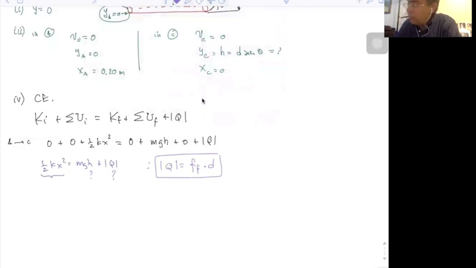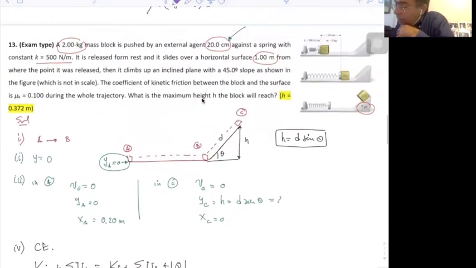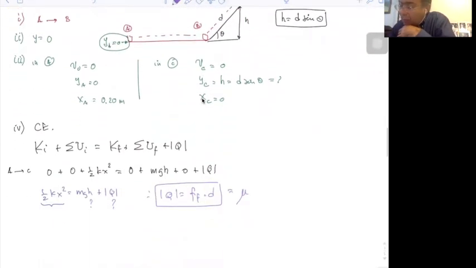The work due to the force of friction is that one, and the force of friction is going to be mu. Actually, we will have two terms for that. Do we know the final height? No. We know the mu now.